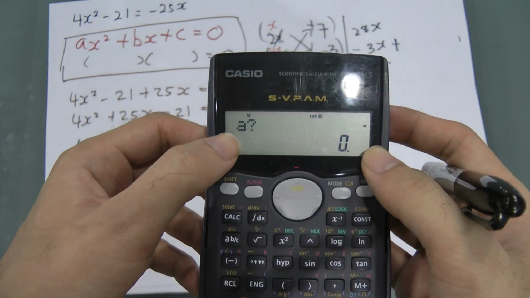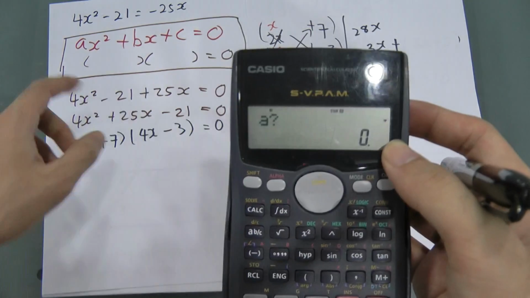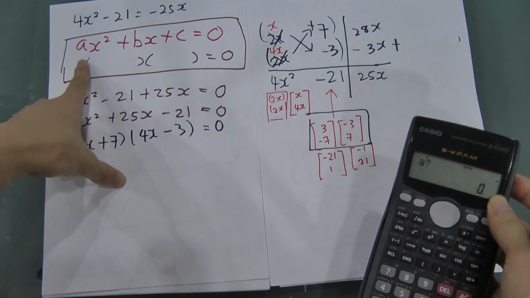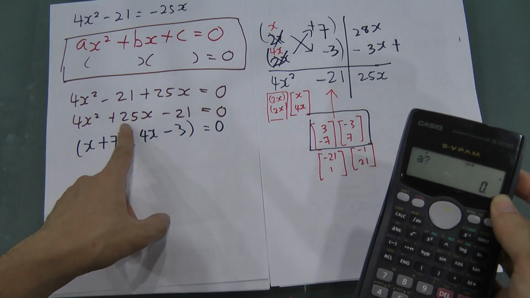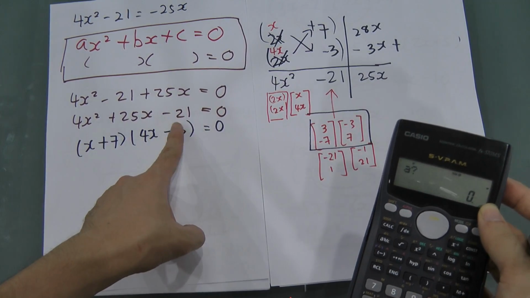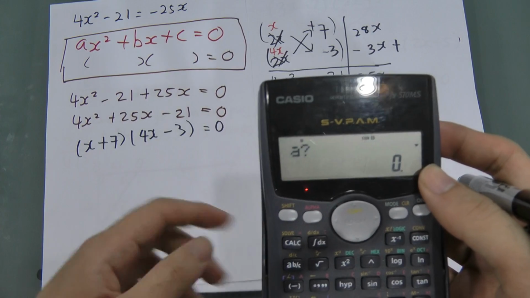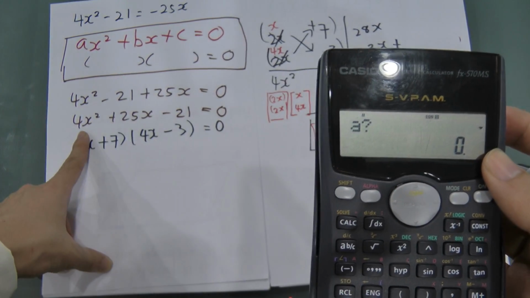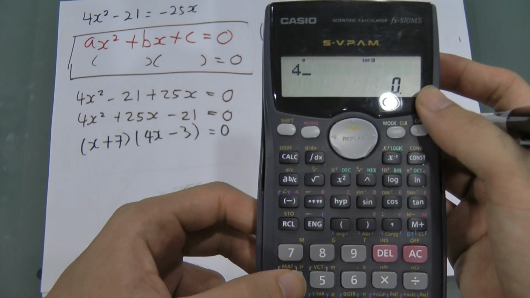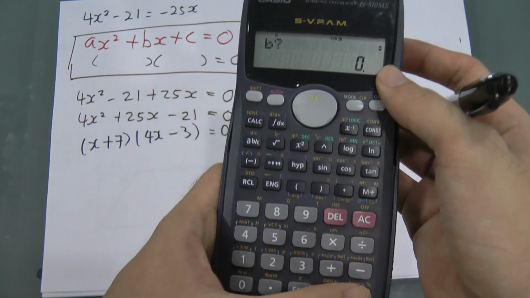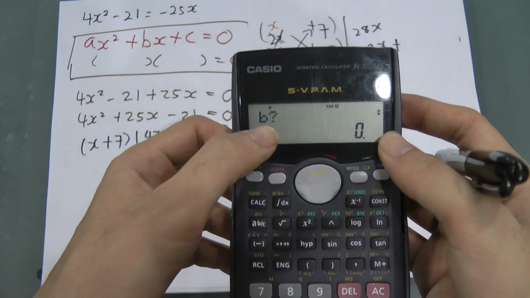When you press 2, you ask, what is the A? You see here, this is A, B, C. So this A will be 4, B will be positive 25, and C will be negative 21. So for A, you have to put what is in front of the x square. In front of the x square is 4. So I press 4, and then I press equal. What is the value for B?